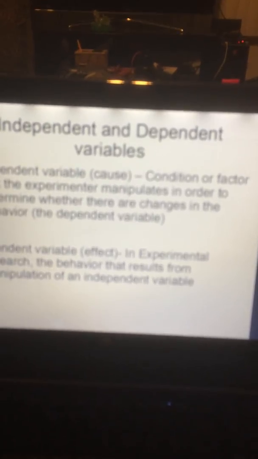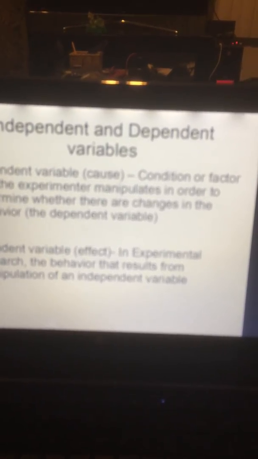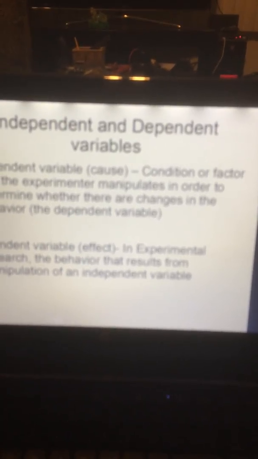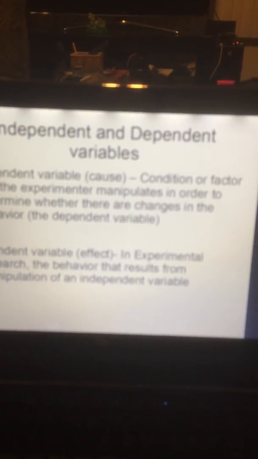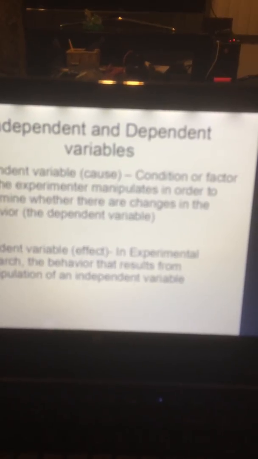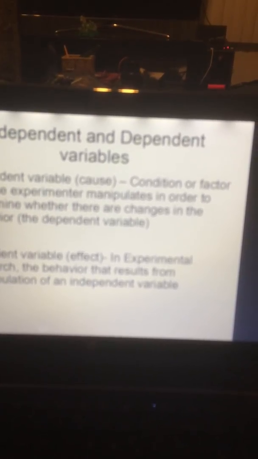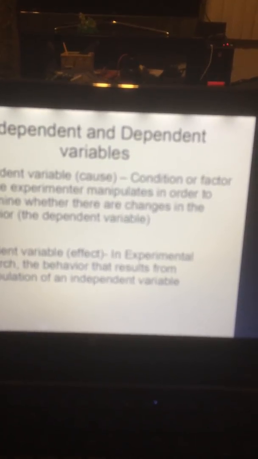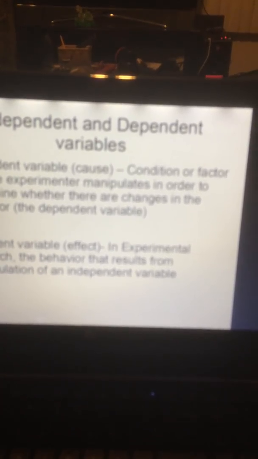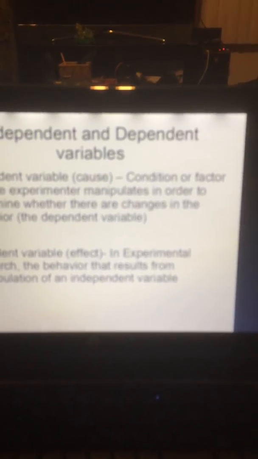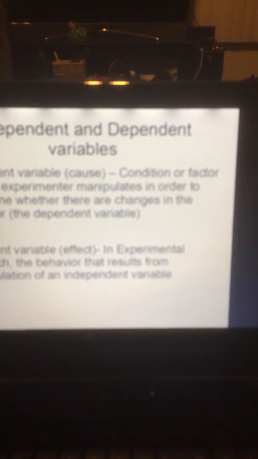Let's say you're talking about the study of socioeconomic status on depression. Well, in this case, socioeconomic status is something that we're trying to measure against. So, the behavior in this case is depression. So the behavior will be the dependent variable. This is what we're measuring for. Okay? The dependent variable is the effect.